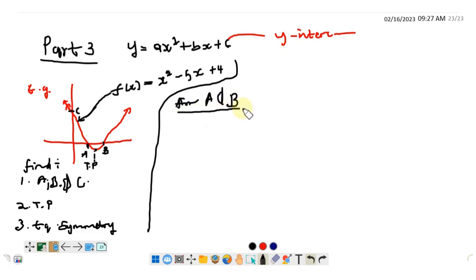The reason I associate A and B is because they are both the x-intercepts. So for x-intercept, what do we do? We let y equal 0, right? Then we're going to solve. So from the equation, we let y equal 0. So it's 0 equals x squared minus 5x plus 4.